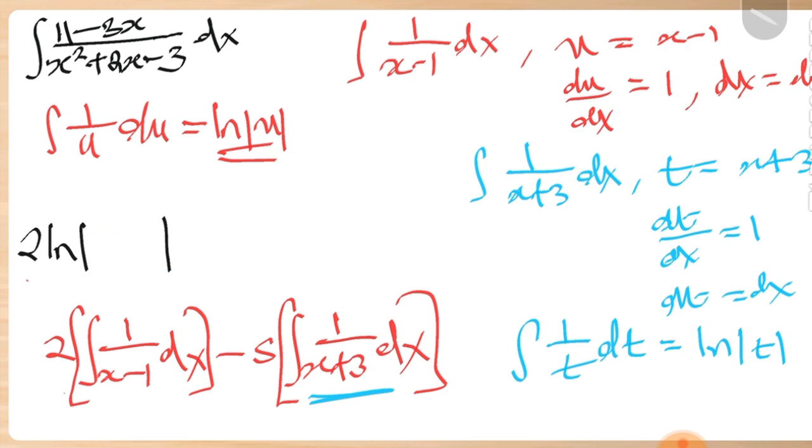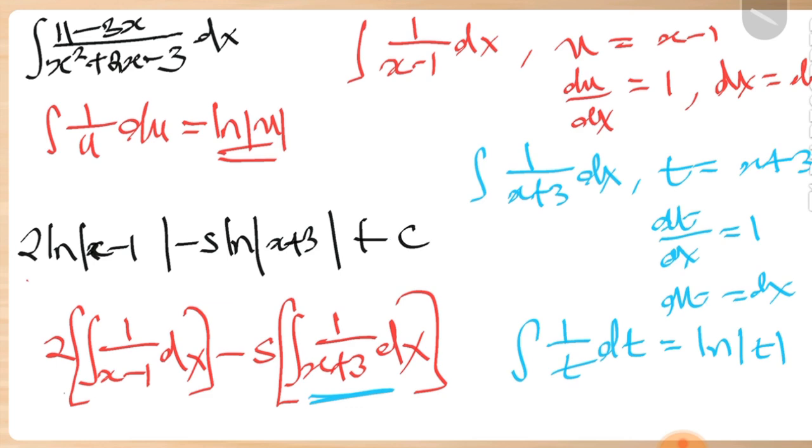Of course, u is x minus 1, so we have ln of the absolute value of x minus 1, then minus 5 times this integral, which is the natural logarithm of the absolute value of t. And what is t? Of course, t is x plus 3. Then we can now put a plus c.